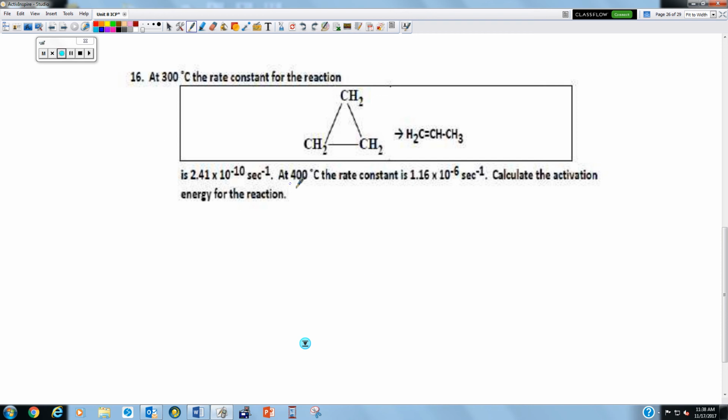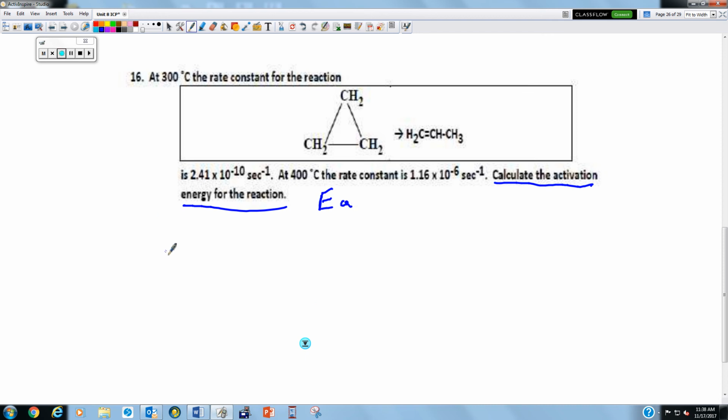At 400 degrees Celsius, the rate constant changes to 1.16 times 10 to the negative 6 seconds to the negative 1. So they want us to calculate the activation energy. So we want to know Ea.